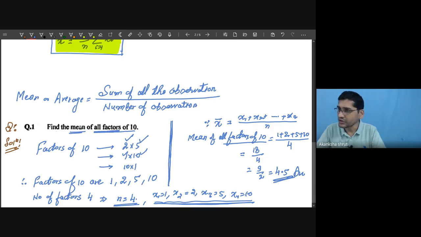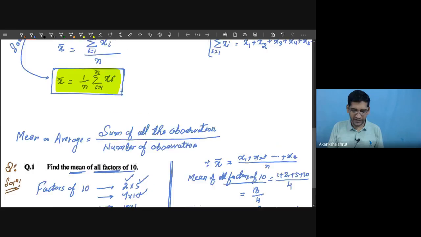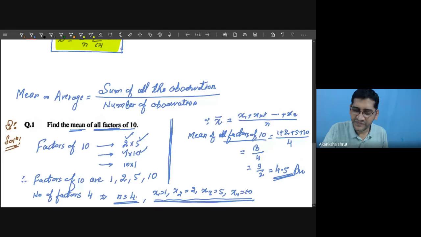It is 9 by 2, not exactly 5, it is below 5. So where is the central tendency? Central tendency is the mean, 4.5. So questions on this formula are very simple. You have to do it.